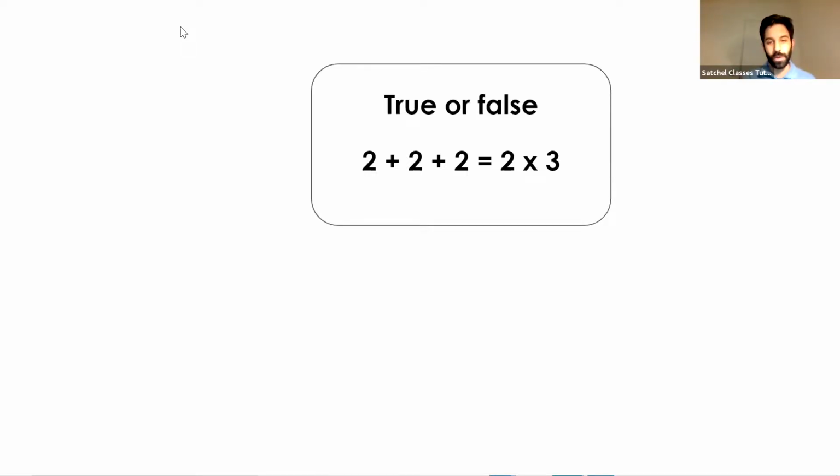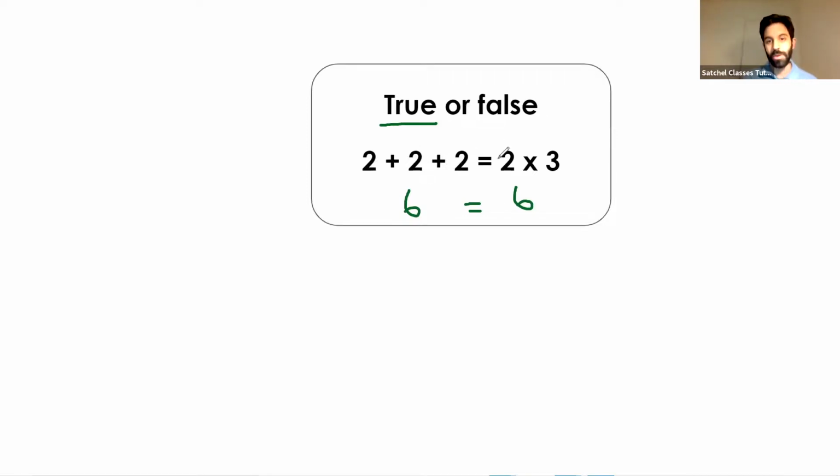Is 2 plus 2 plus 2 the same as 2 times 3? Well, the answer is yes, this statement is true, because 2 plus 2 plus 2 is 6, and 2 times 3 is also 6. So these two are equal.